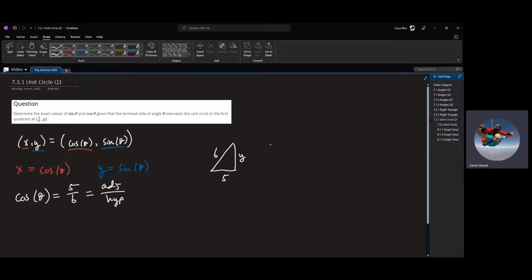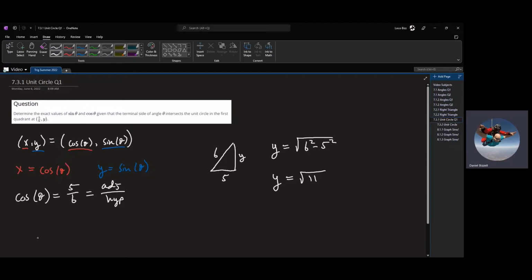To do that, we can use the Pythagorean theorem to get y is equal to the square root of 6 squared minus 5 squared. y is equal to the square root of 11.